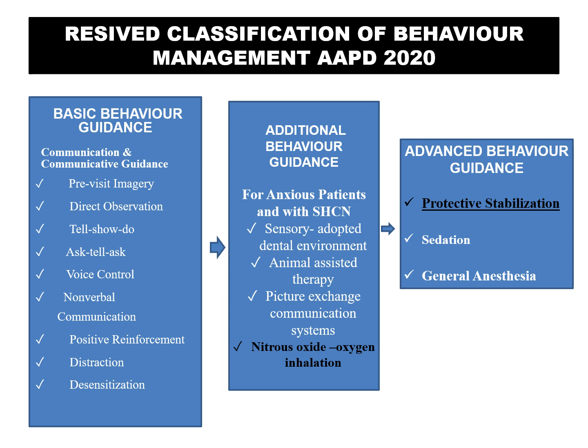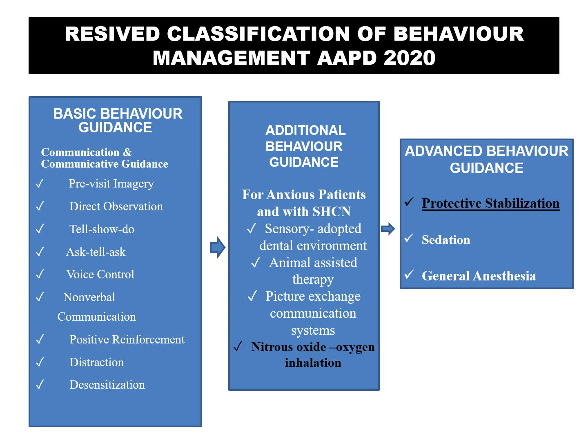Again, the classification was revised by AAPD in 2020, and apart from the basic behavior guidance and advanced behavior guidance techniques, they have additional behavior guidance techniques for anxious children and children with special healthcare needs.